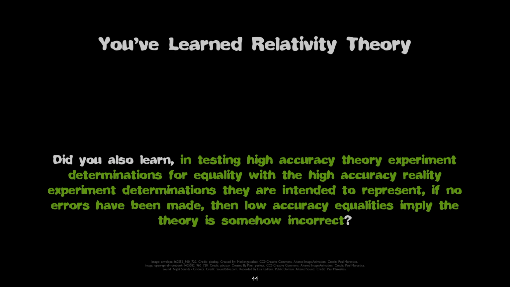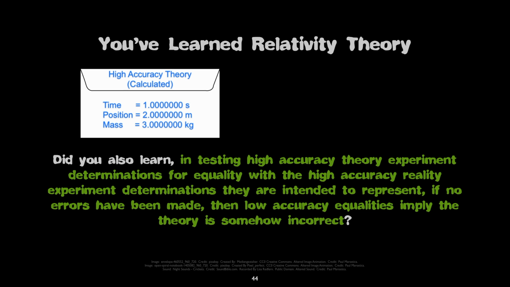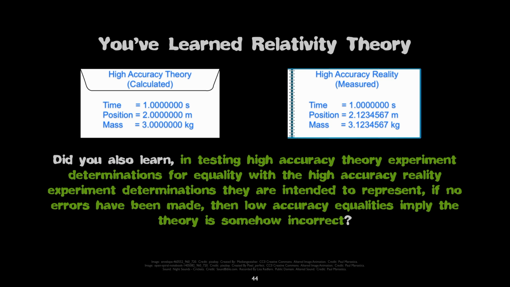Did you also learn, in testing high-accuracy theory experiment determinations for equality with the high-accuracy reality experiment determinations they are intended to represent, if no errors have been made, then low-accuracy equalities imply the theory is somehow incorrect? Oh, you did not learn that.